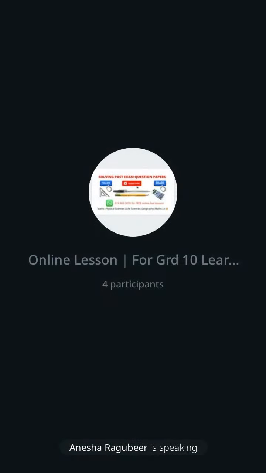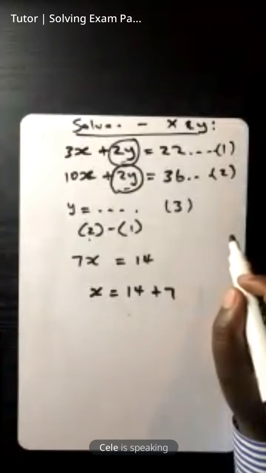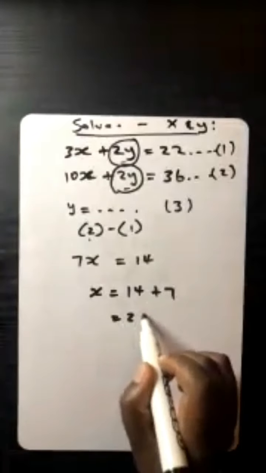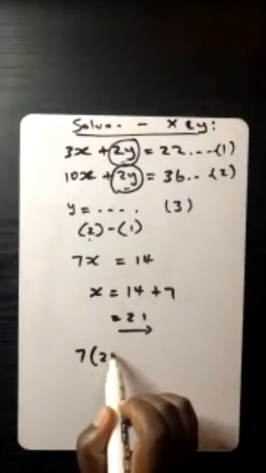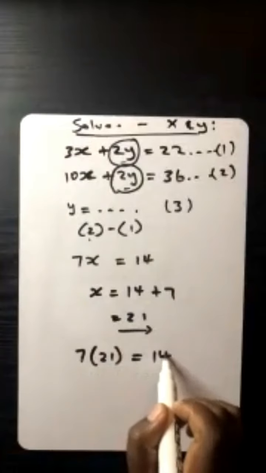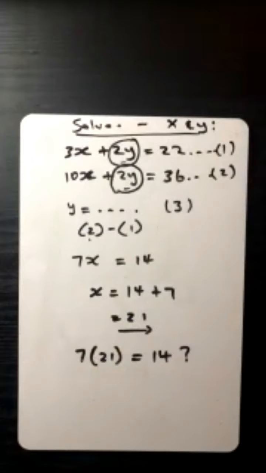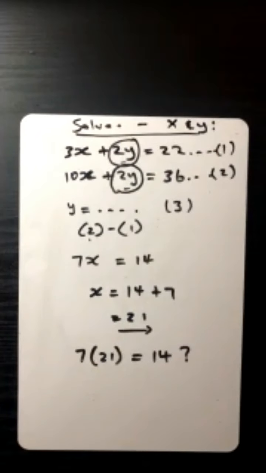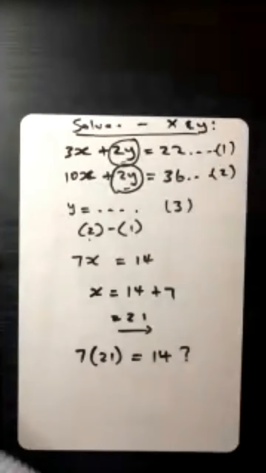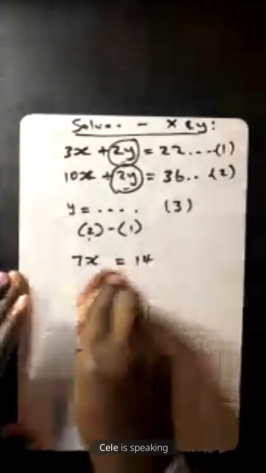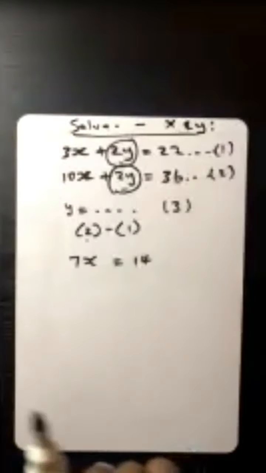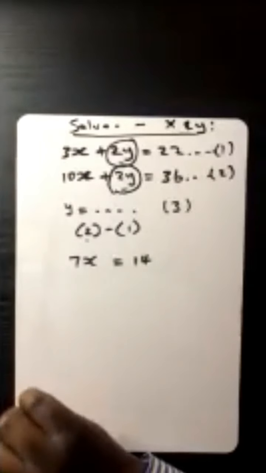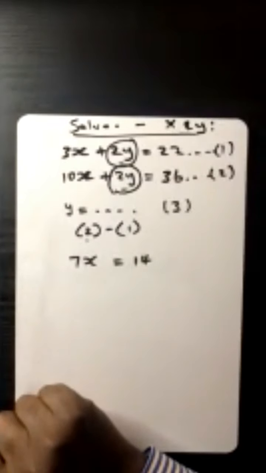Which, 14 plus 7 will give us 21, which is equals to 21. So does it mean 7 times 21 will give us 14? No, sir. Okay, so Shreyas, that means we won't rush to that lesson where we multiply those fractions.